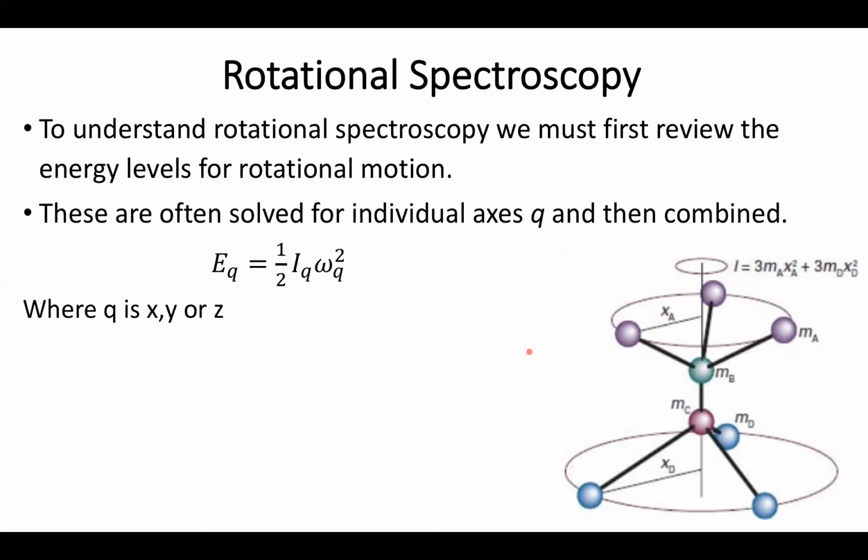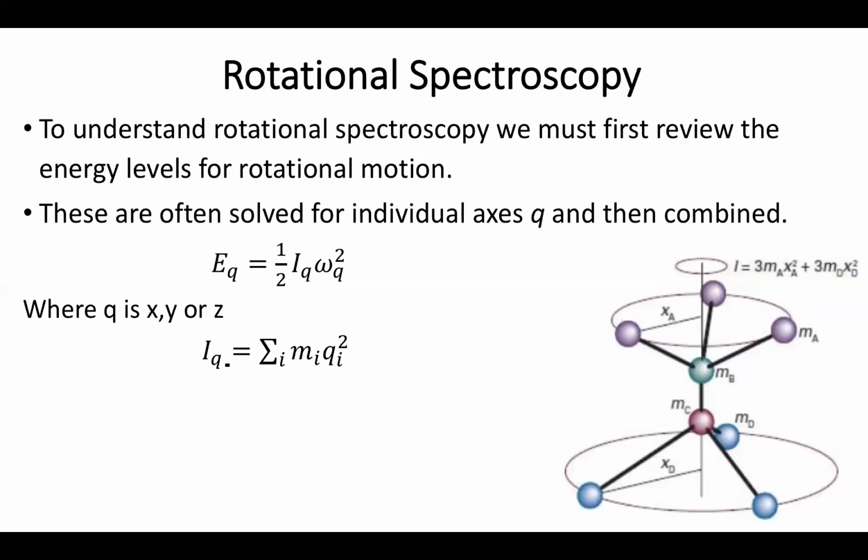And a lot of our trick here is going to be focusing in on how to solve for the moment of inertia, which turns out to be largely an issue of geometry, and it can actually be quite messy. So we did this previously for diatomics, and it wasn't too bad. But as we get to polyatomic species, it gets a little bit tricky.